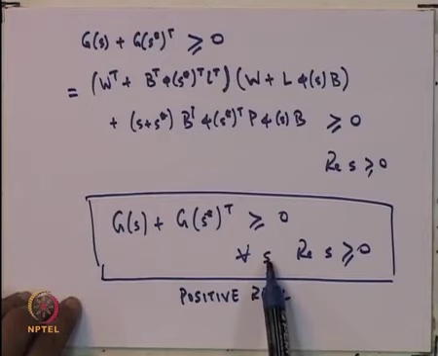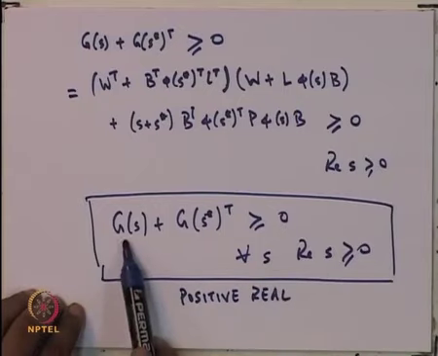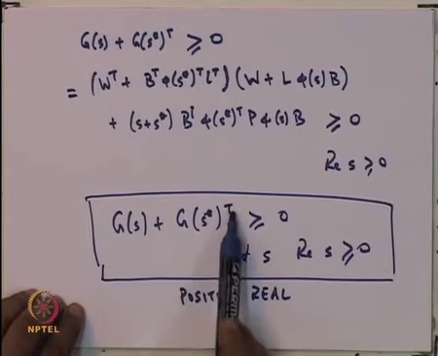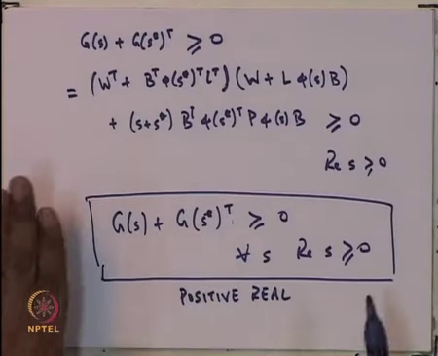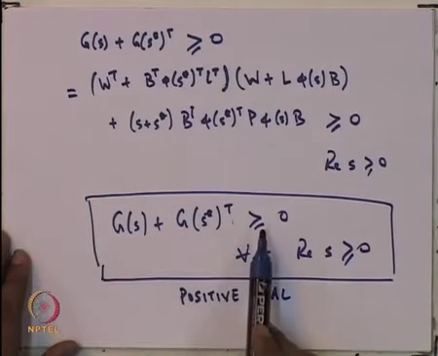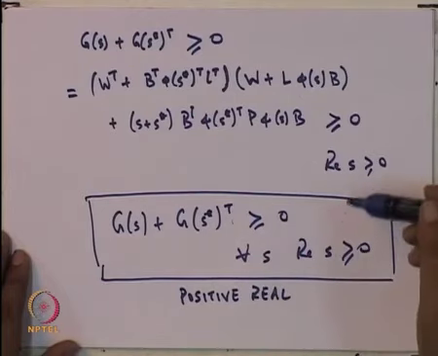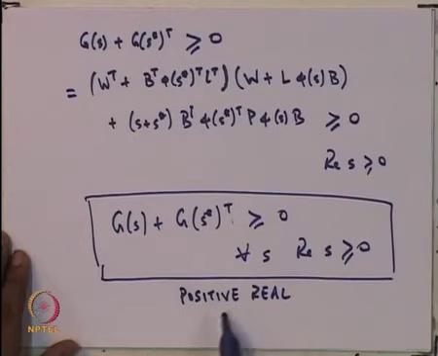That means what we are really saying is that the whole of the right half plane should map under this map G S plus G S star transpose. When you take this map from the complex plane to the complex plane, the whole of the right half plane should map to something in the first and the fourth quadrant, and in that case you can call it positive real.